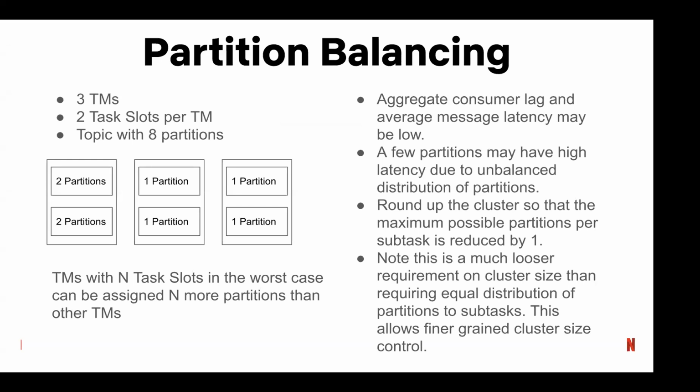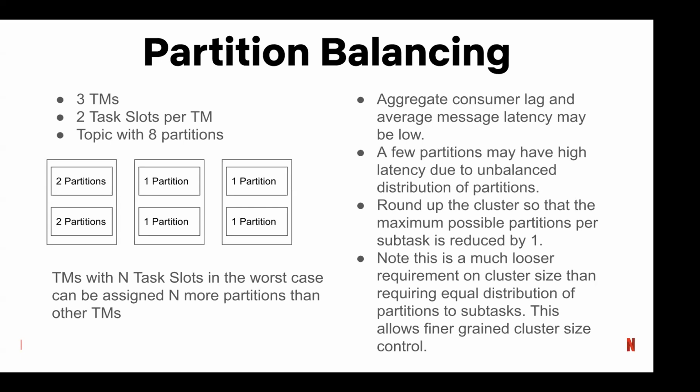So another thing to consider is the balancing of partitions across task managers. So the Kafka consumer, when it gets assigned partitions, does a pretty good job of balancing partitions. The difference in partitions assigned to any 2 Kafka consumers will never be greater than 1 because they're evenly distributed across the consumers.